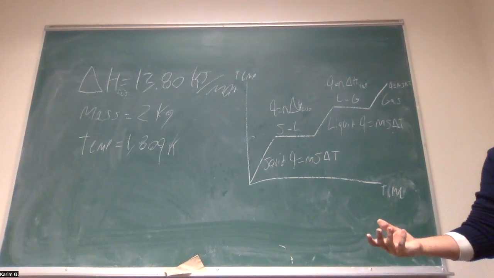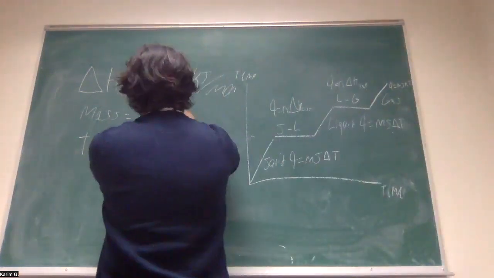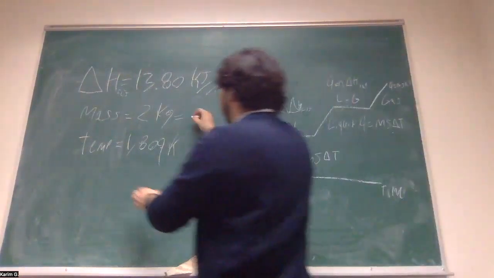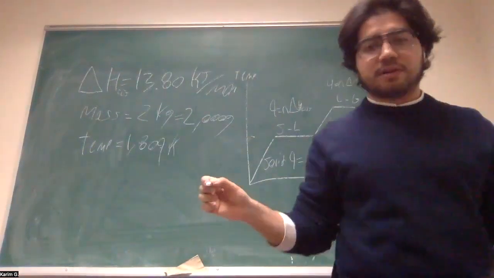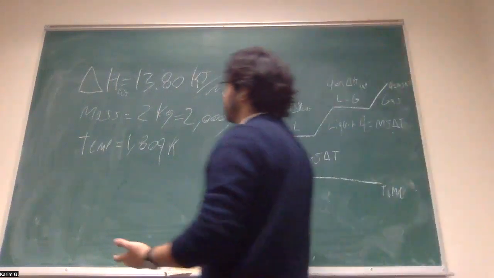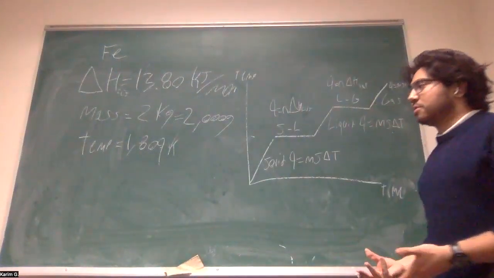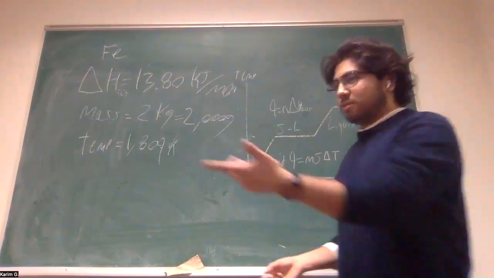We could change the mass to grams. What is 2 kilos in grams? 2,000, right? So you have 2,000 grams of iron, Fe. Okay. So we have grams, and we can find moles. How do I find moles? By molar mass.